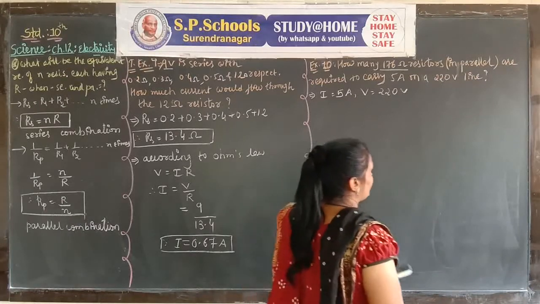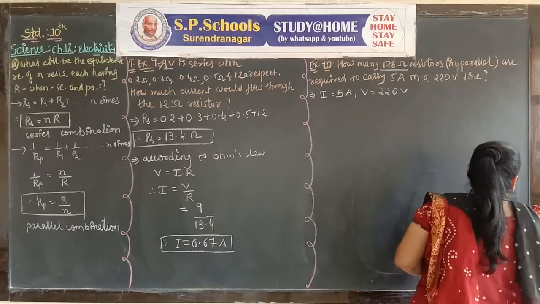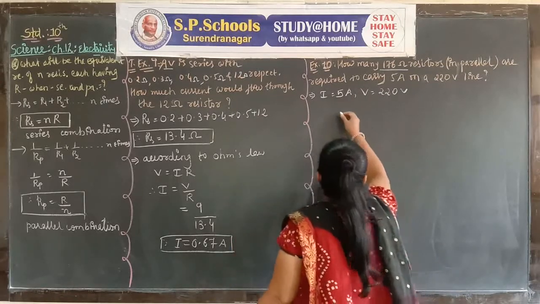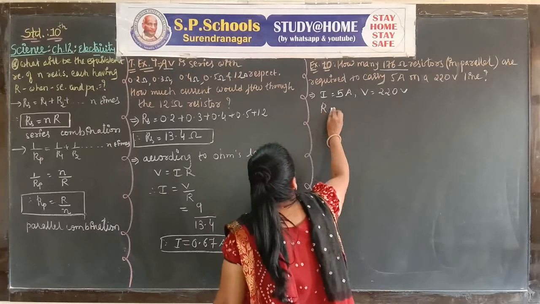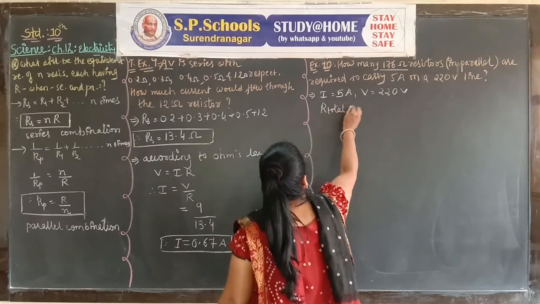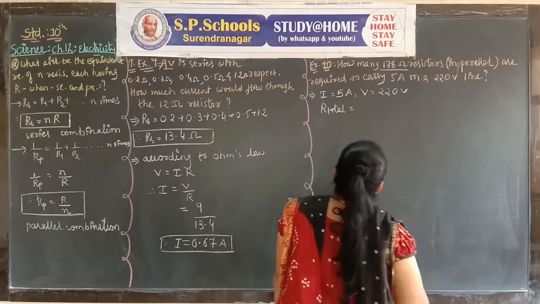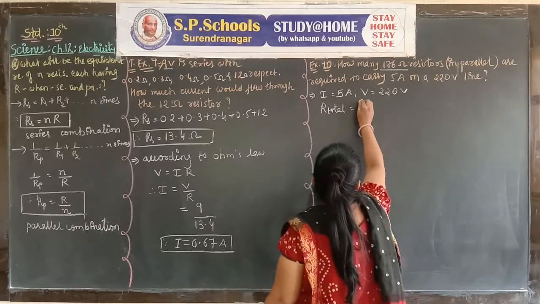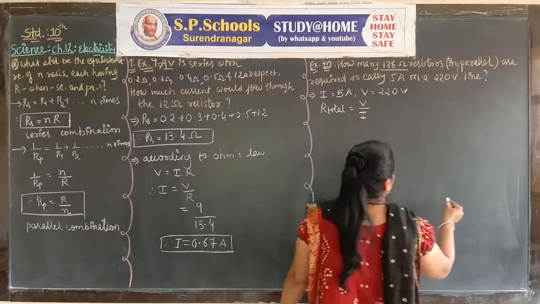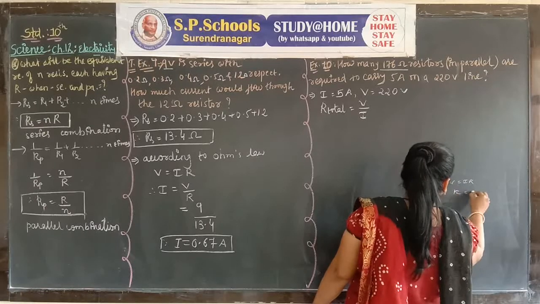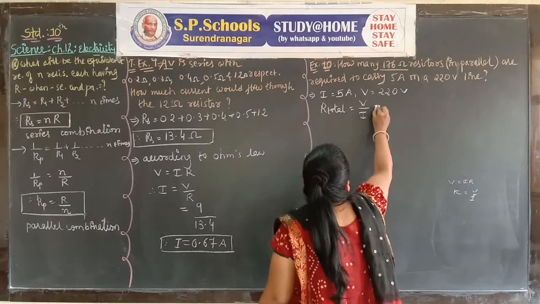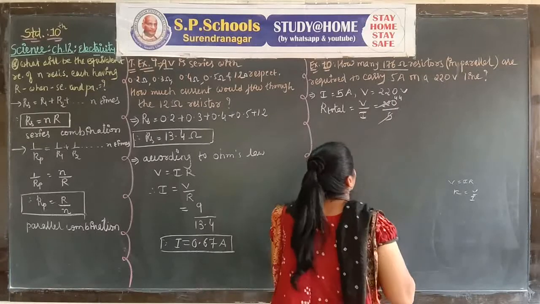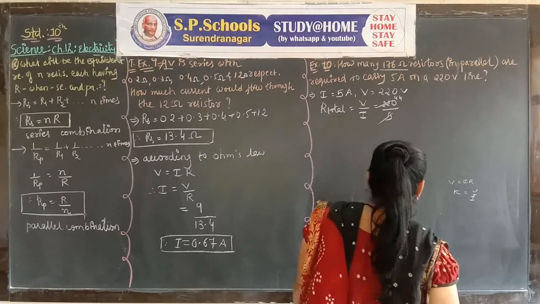So we can easily find the resistance, the total resistance of all the resistors. We don't know how many resistors are required, so we call it R total, which is equal to V upon I. V is equal to IR, so R is equal to V upon I, 220 upon 5. 44 multiplied by 5 gives 220.